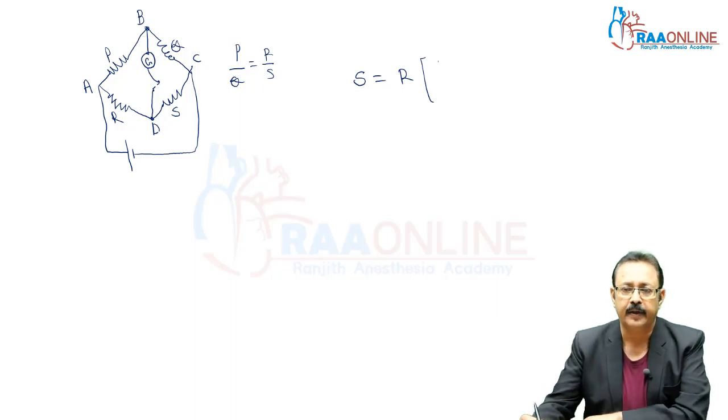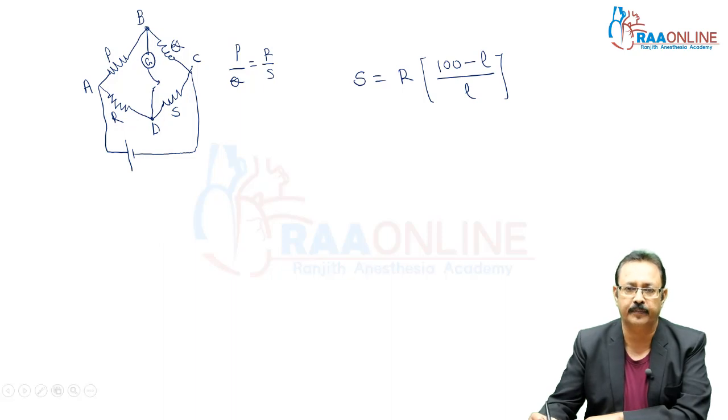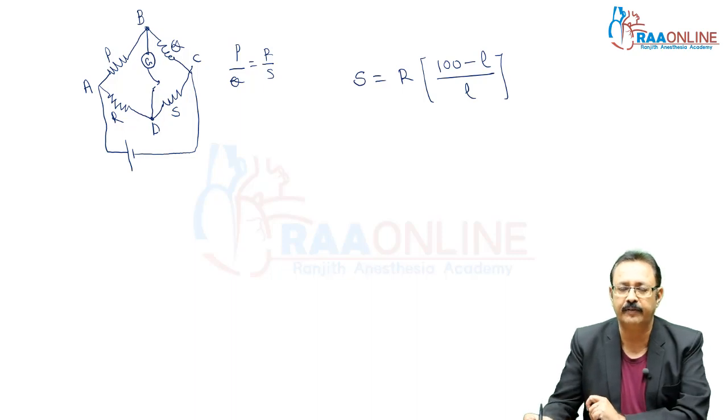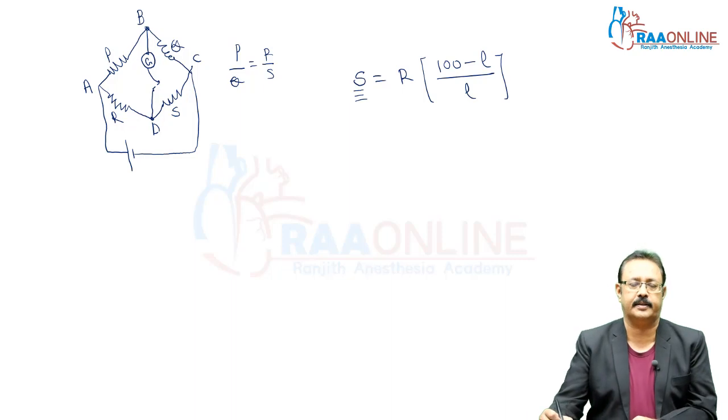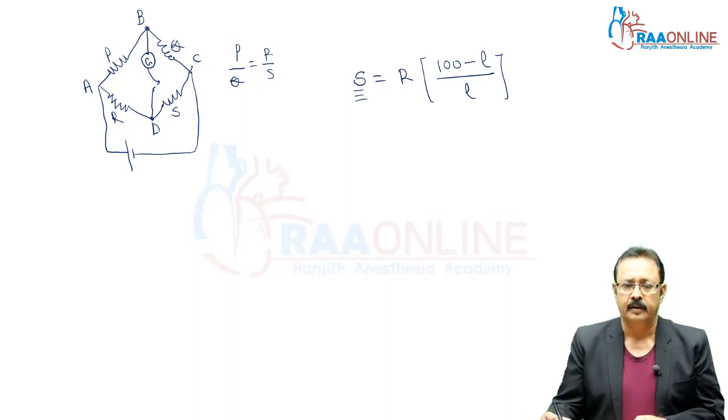If null point you are getting at length L, so you can calculate the unknown resistance by this formula. If null point is getting at a length L, so by putting the values in this, we can calculate the unknown resistance. So in meter bridge, we are calculating one unknown resistance.